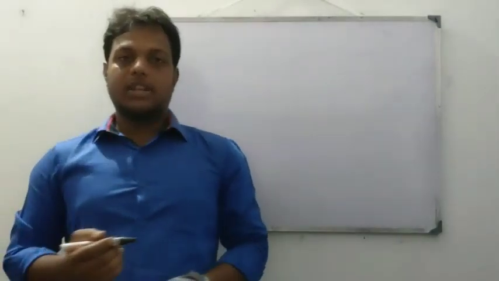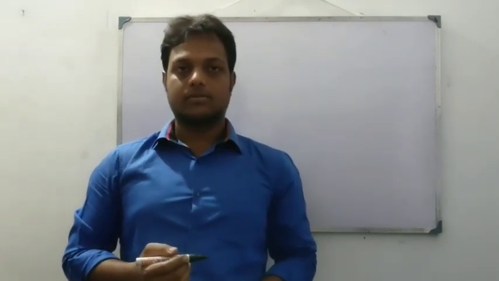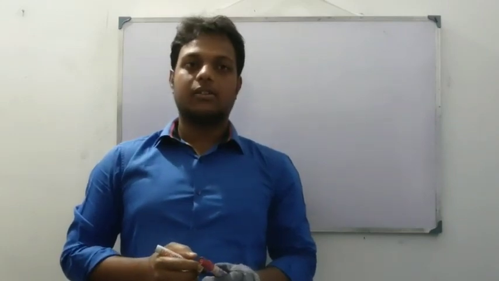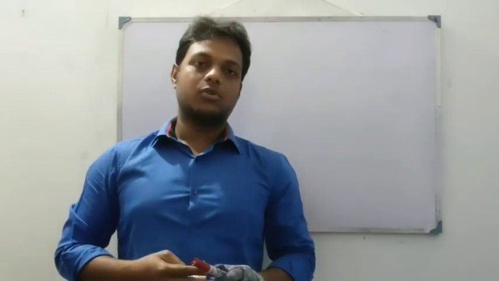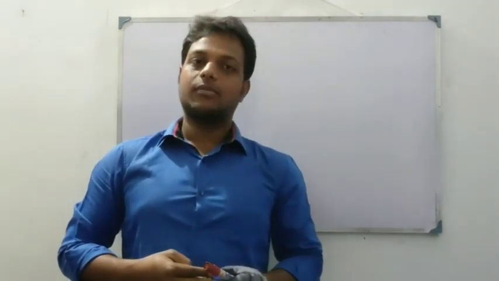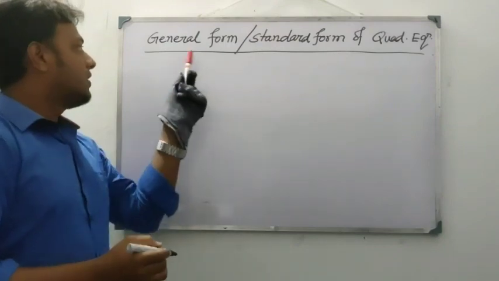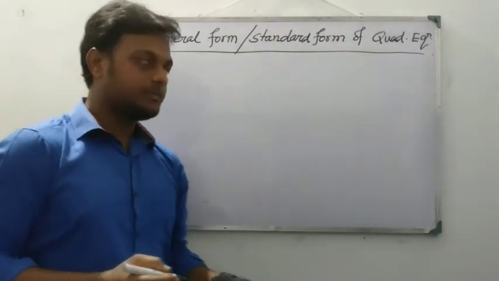Next, the general form or standard form of a quadratic equation. Already you get the idea of when an equation is called a quadratic equation. Now you have to know the general form or standard form of a quadratic equation.